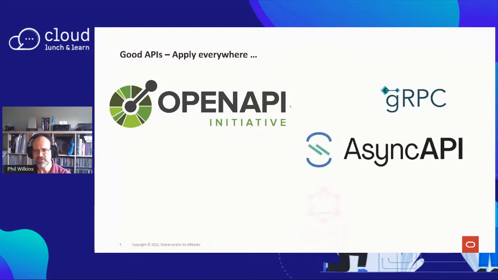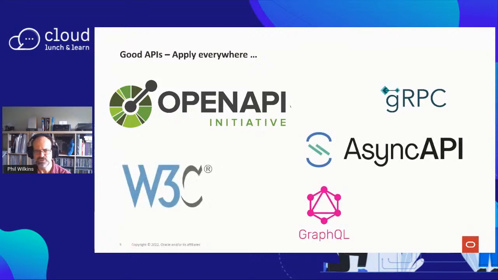In this presentation, or these slides, I'm gonna focus on Open API specification. For those of you that are interested in messaging and things like that, we've got the async API specification evolving, which actually takes a lot of foundations from Open API.